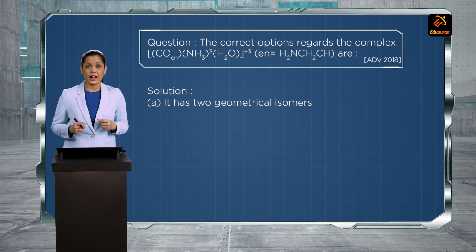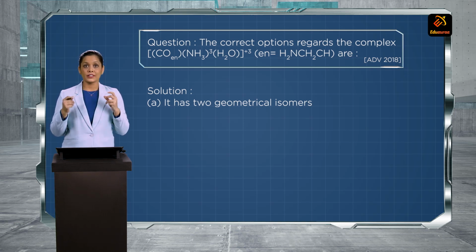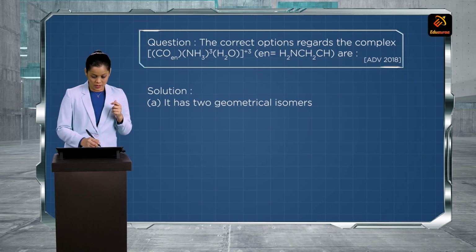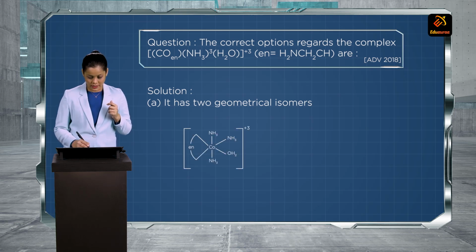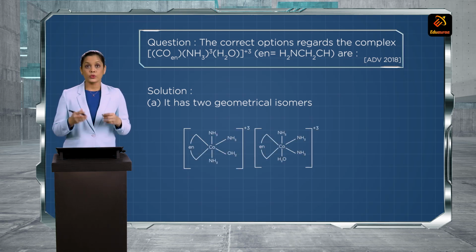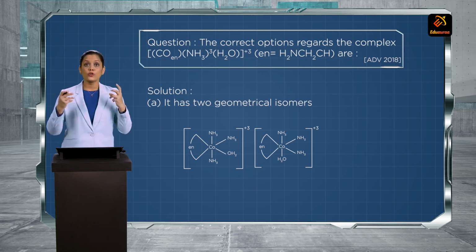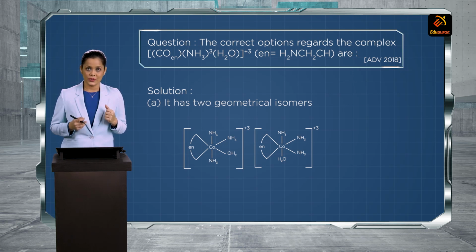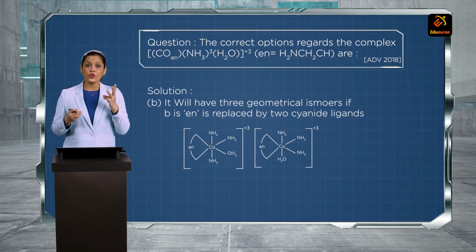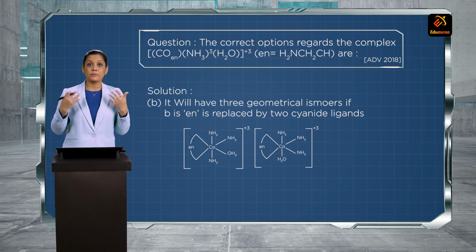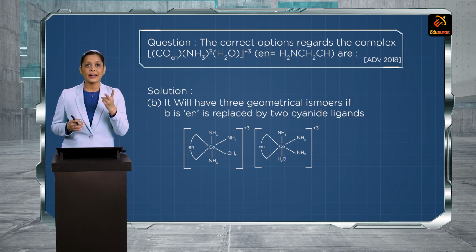Option A says that it has 2 geometrical isomers. So for that, let's start with the structures. The structure being 1 and the structure being 2. So here we can see that it actually has 2 geometrical isomers. Option B says that it will have 3 geometrical isomers if the bidentate En is replaced by 2 cyanide ligands.